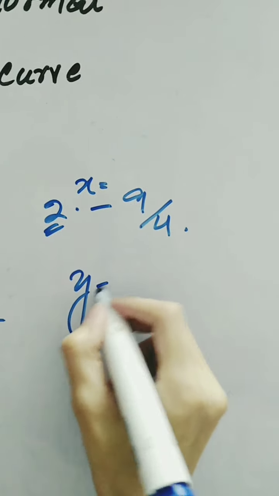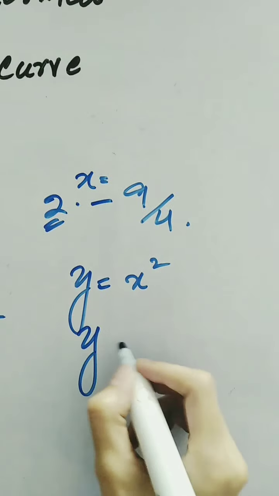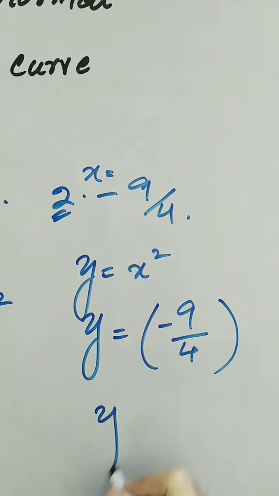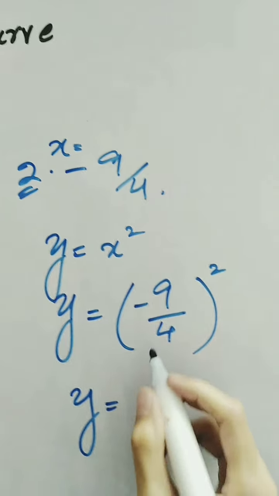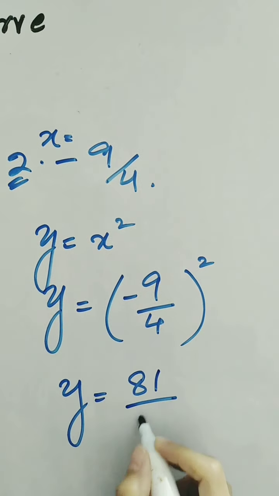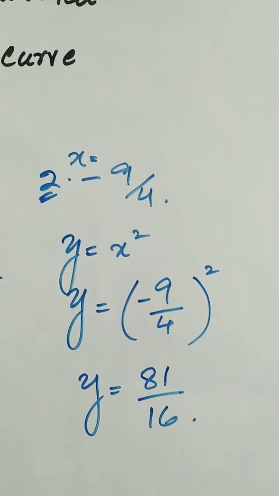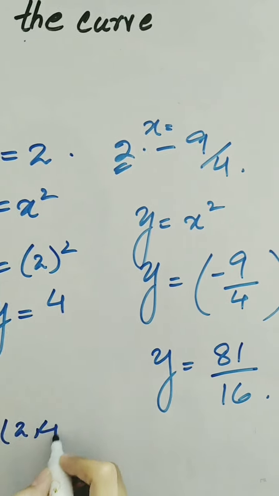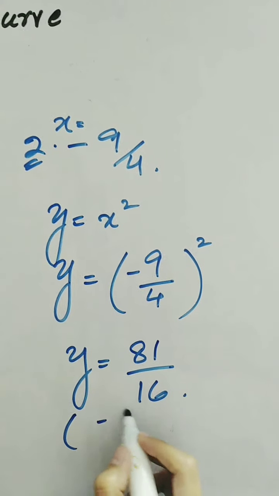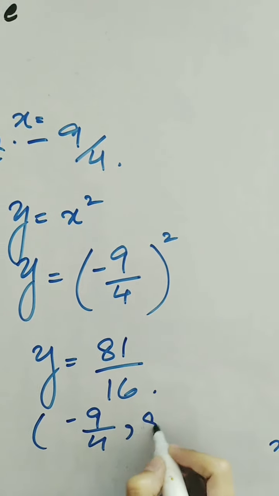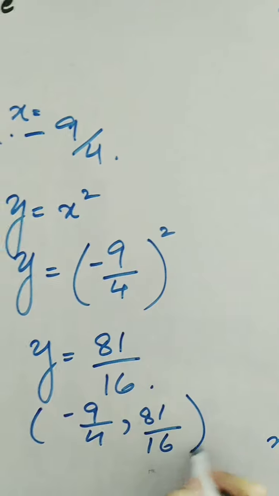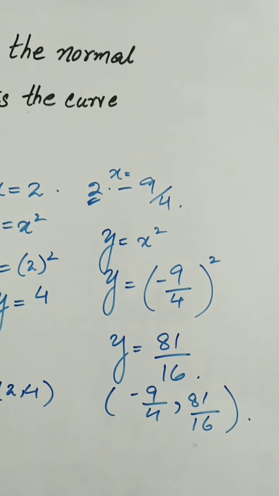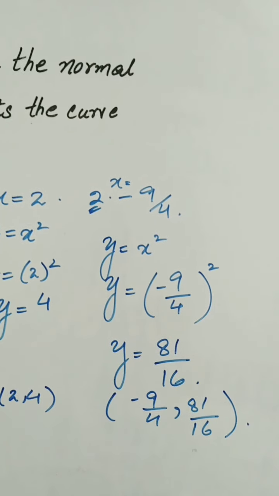We have y is equal to x square, so y is equal to 81 over 16. So we have 2, 4 and minus 9 over 4, 81 over 16. These are the points which we need to find out.